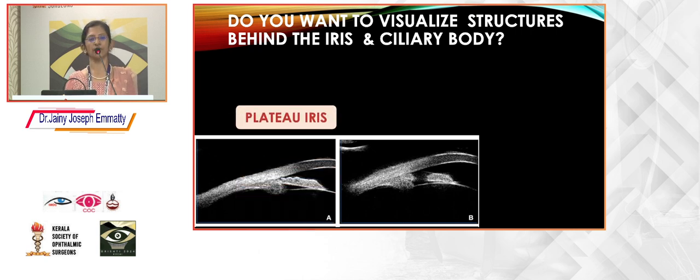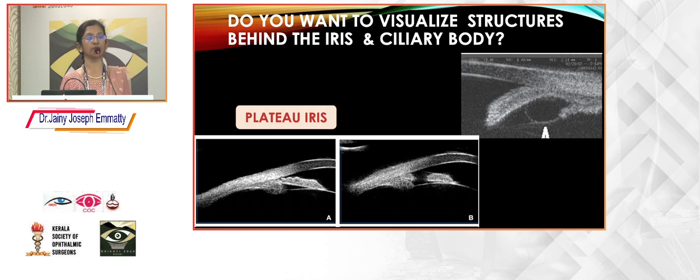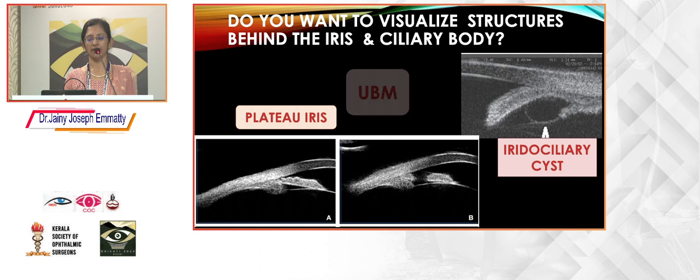Plateau iris is mainly due to the rotation of the anterior ciliary processes, and I should see whether the ciliary sulcus is present or not. In those cases, UBM will help us. Also in conditions like pseudo-plateau iris, which can be due to an iris cyst or secondary iridociliary tumors, those mechanisms will also be revealed by the UBM.